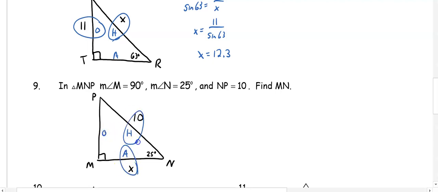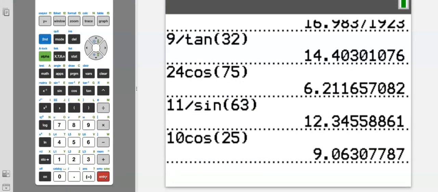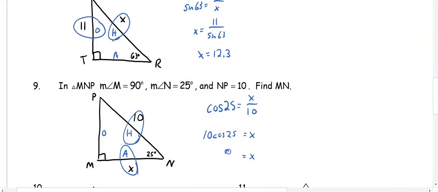We know the adjacent and the hypotenuse, so we are using cosine. So the cosine of 25 is equal to x over 10, because x is on top, we're multiplying. So 10 cosine of 25. That's going to get us 9.1.